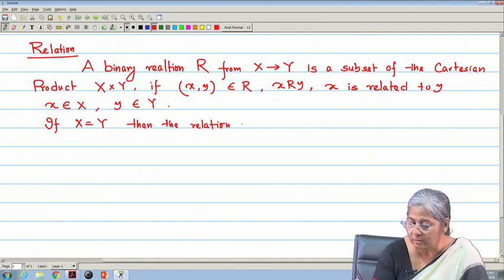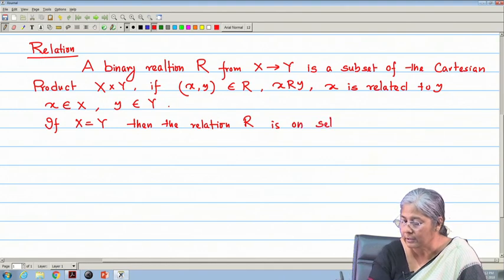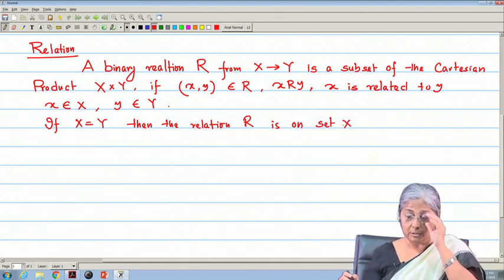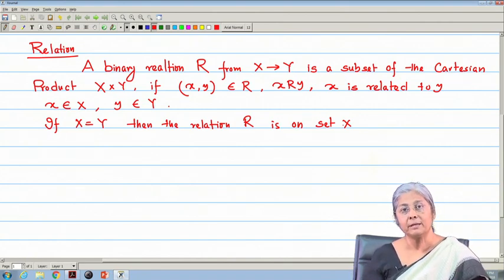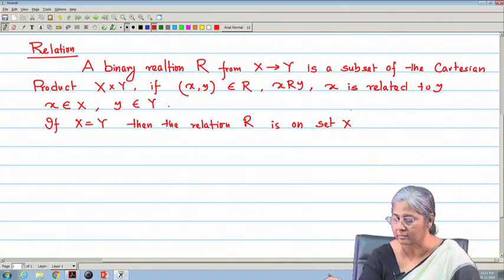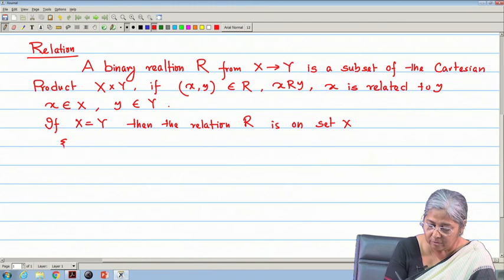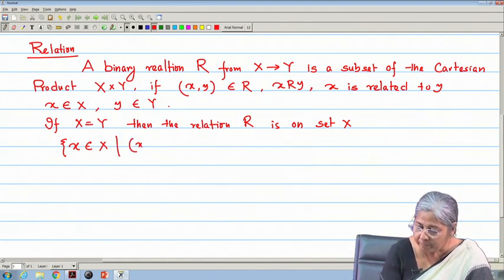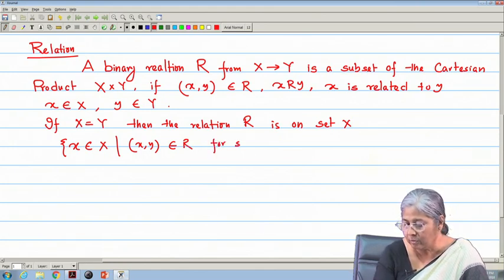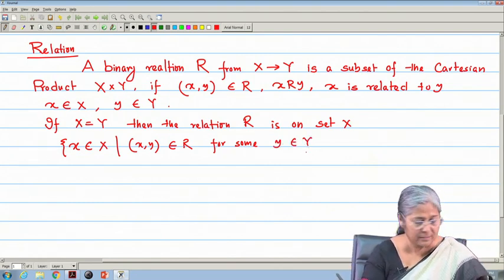That means, it denotes the relation of the elements of only one set X. So, formally, in mathematical notation we can write: x belongs to X such that (x, y) belongs to R for some y belongs to capital Y.